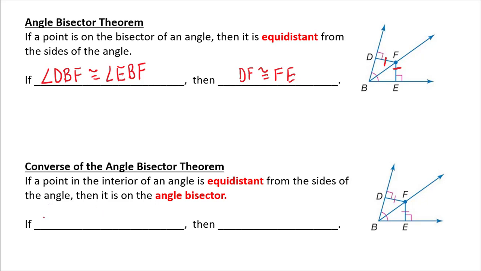So to be equidistant, you have to have a right angle here. So if DF is perpendicular to BD and FE is perpendicular to BE and DF is congruent to FE, oh, I almost had enough room there, then angle DBF is congruent to angle EBF.